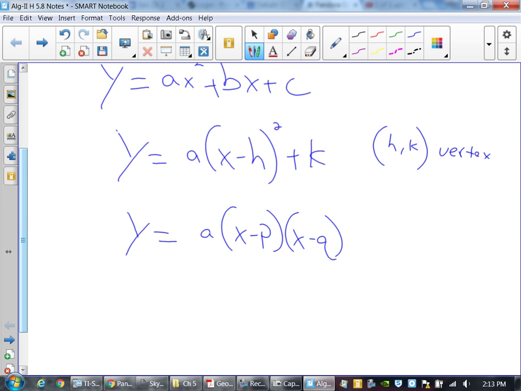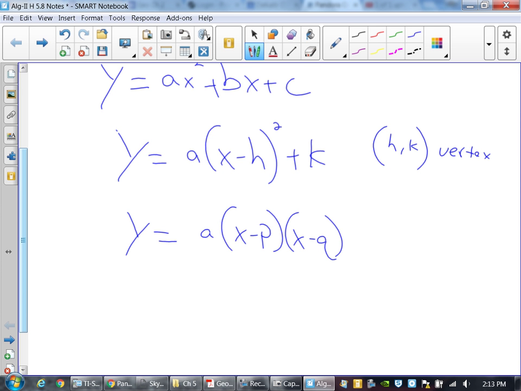So if I have a vertex and a point, that means I have 4 of these 5 things in the equation, right? Which one don't I have? A. So you're going to have 4 parts, solve for the 5th. That's it. Wait, what's the last equation? This is intercept form. When you have your zeros, where the x-intercepts are.